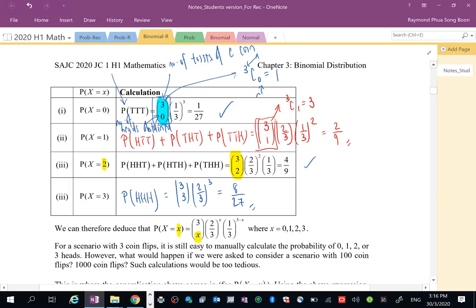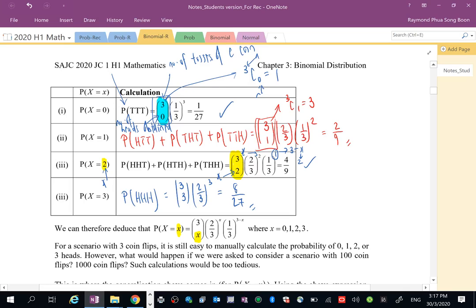If we are looking at probability X equals 2, this 2 is our small x. So over here is 3 choose 2, or 3 choose x, multiplied by 2/3 to the power of 2, which is again our x, and then multiplied by 1/3 to the power of 1. 1 is the same as 3 minus x, where in part 3 our small x is 2. So 3 minus 2 gives you the power 1.